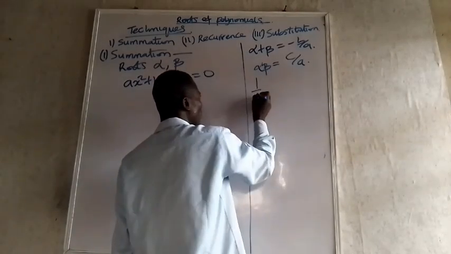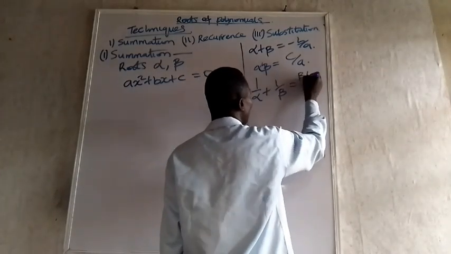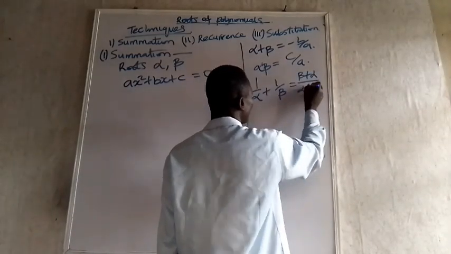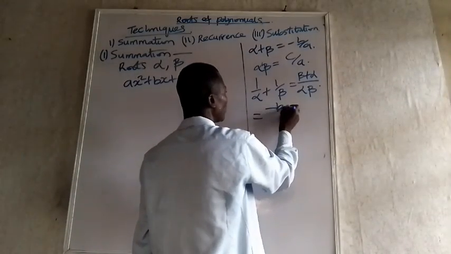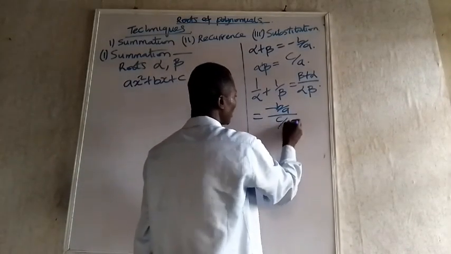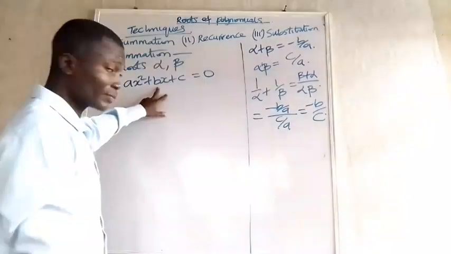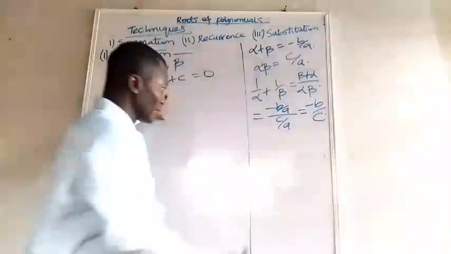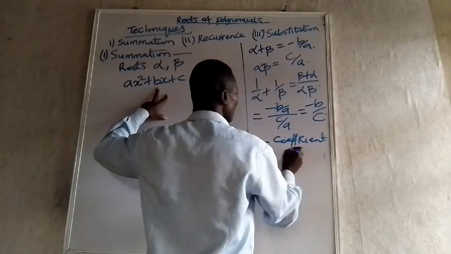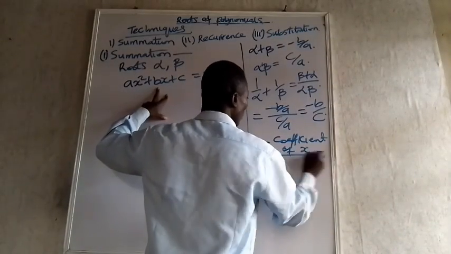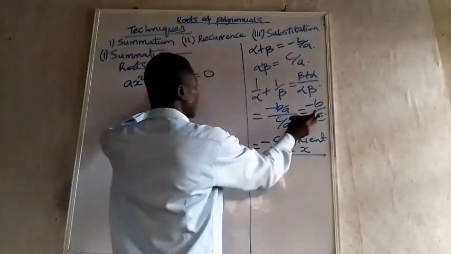Now let's look at 1 over alpha plus 1 over beta. You know that will be beta plus alpha over alpha beta. And that's going to be minus b over a over c over a. It is going to be minus b over c. So which means it will be the coefficient of x divided by the constant.